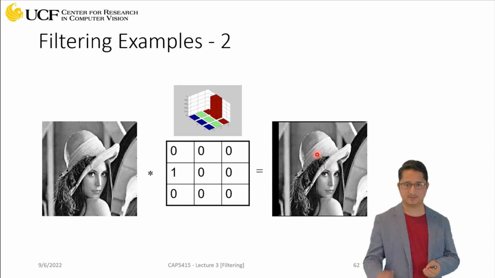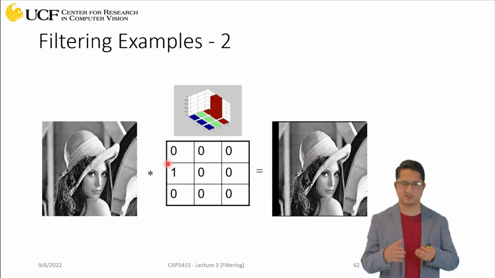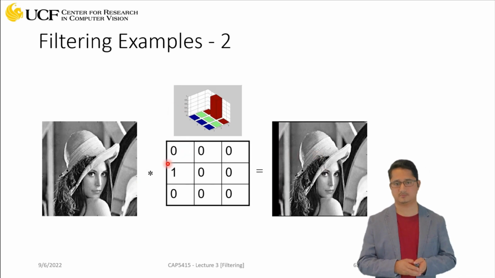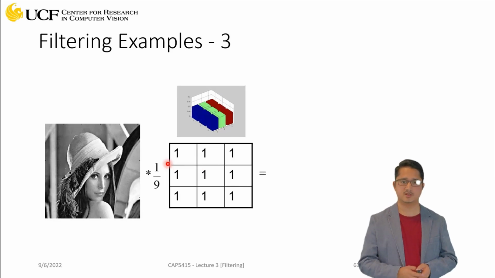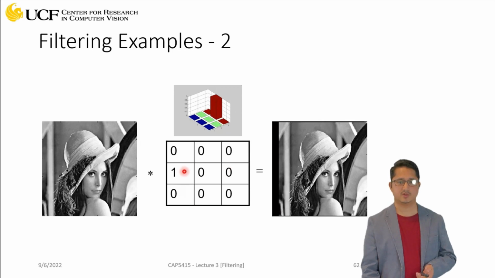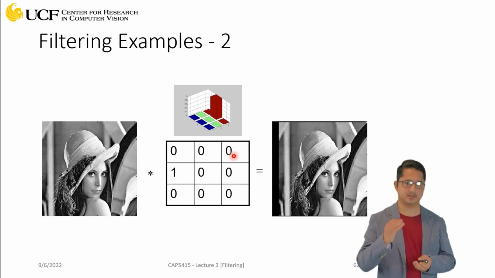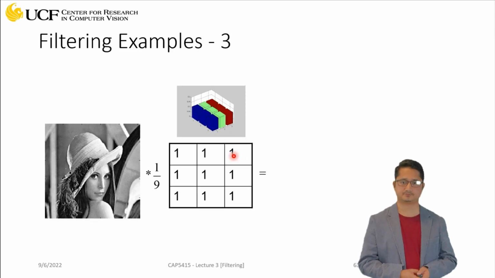So now you know that using this kind of kernel, you can actually perform shifting in your images, which is very interesting because this is a very simple kernel, right? Similarly, you can have one at any other location and you can perform shifting. For example, if you have one over here, it means that you are shifting the image diagonally. Okay.